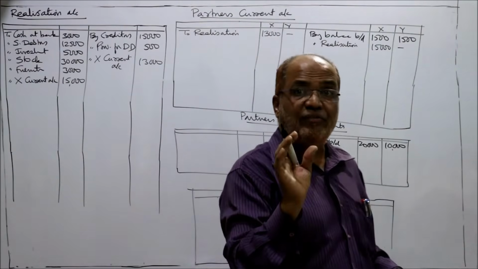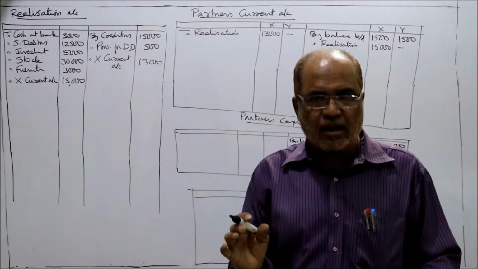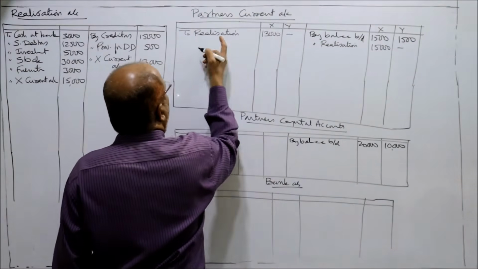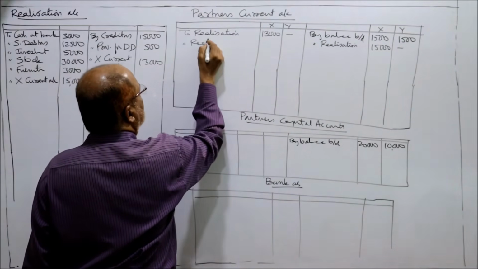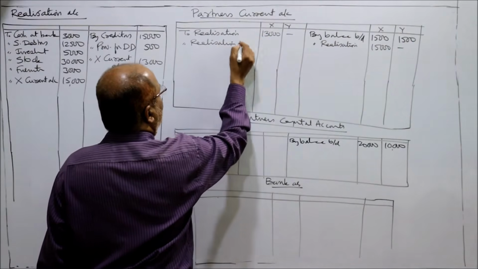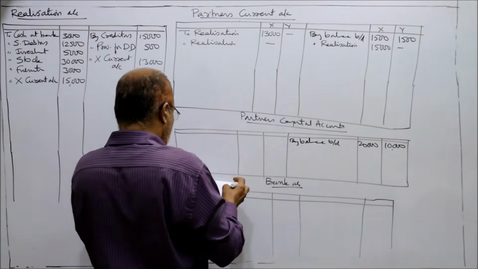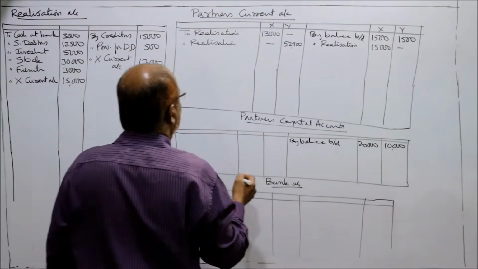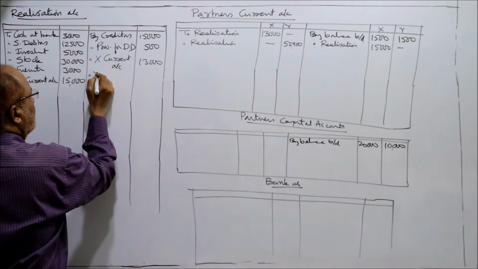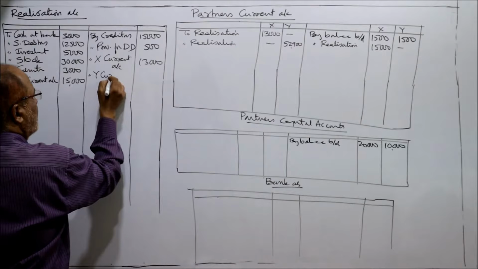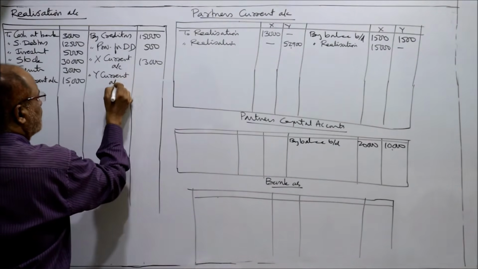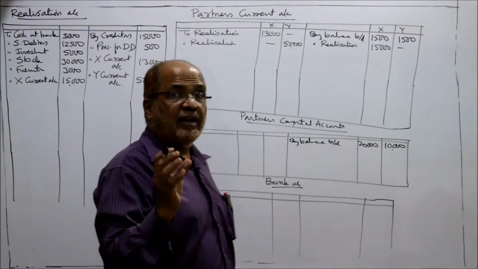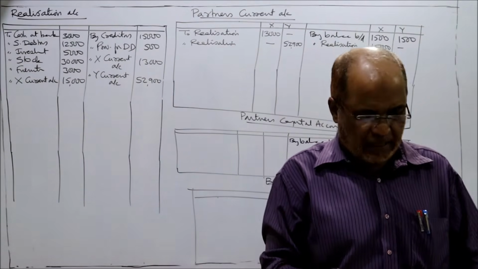Then the fifth entry, Y current account debit to realization. How much is it? Y current account 52,900. We will credit realization by Y current account, 52,900. Okay, 5 entries we have posted in the accounts.